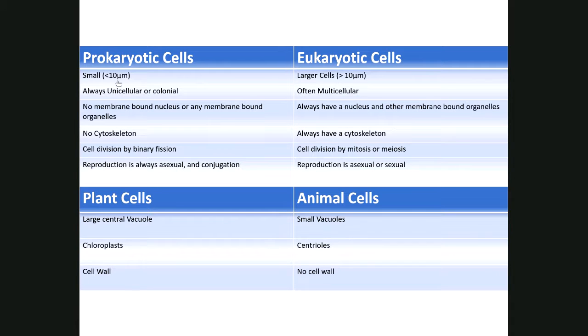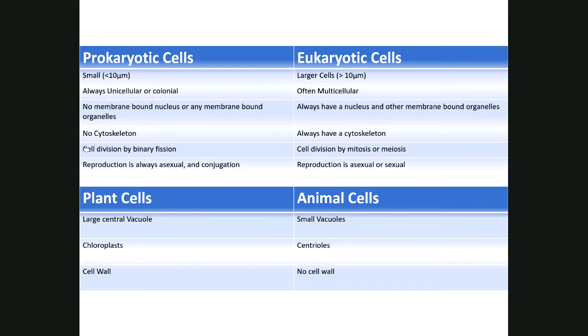Prokaryotic cells, like I said before, have no membrane-bound nucleus or membrane-bound organelles. And the eukaryotic cells are the opposite condition. Prokaryotic cells lack a cytoskeleton. The cytoskeleton is like a highway made up of proteins that allows things inside the cell to move around in specific directions. Eukaryotic cells are full of cytoskeleton.